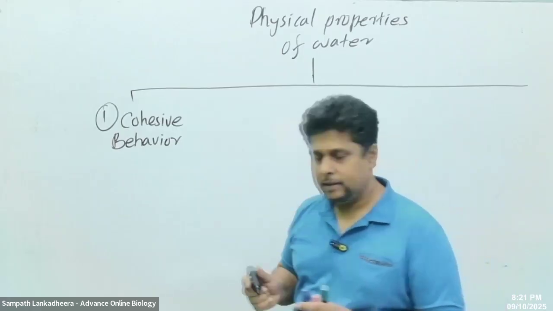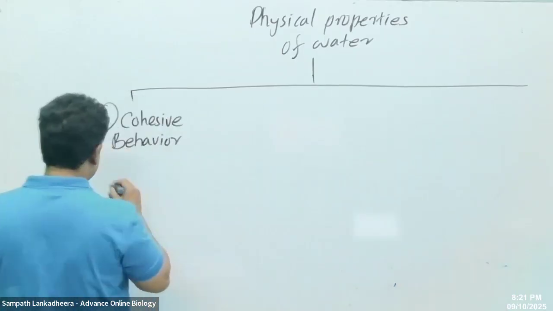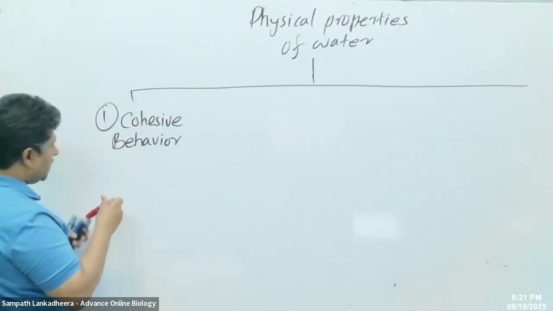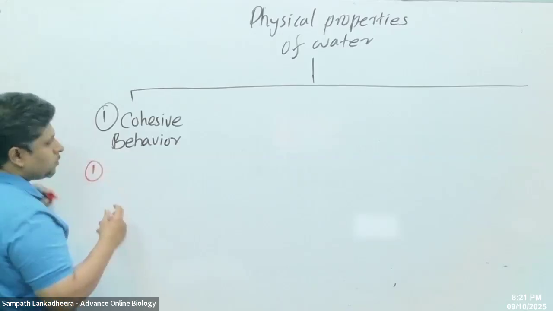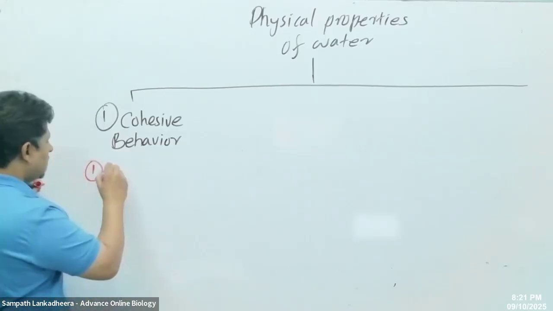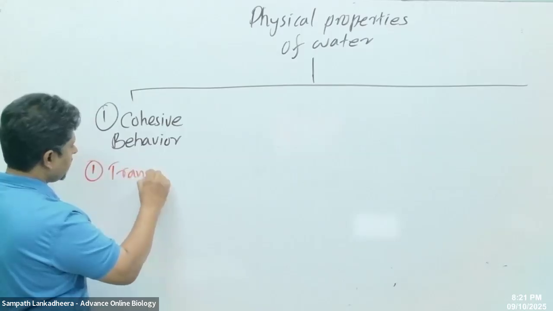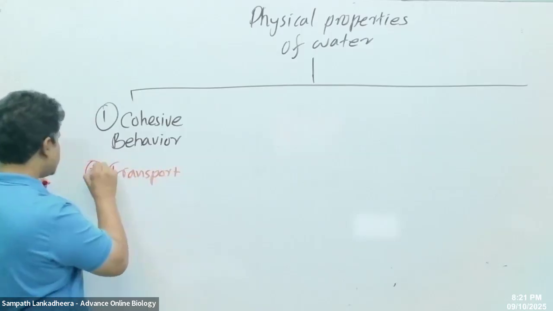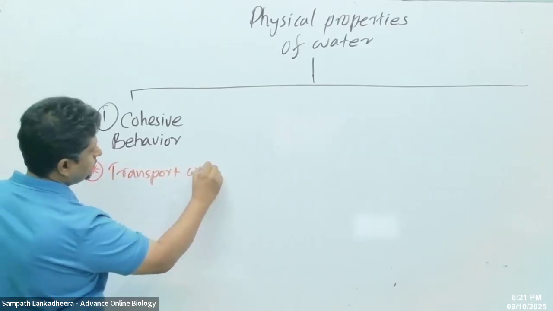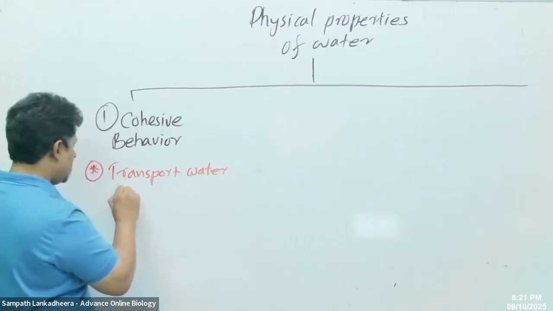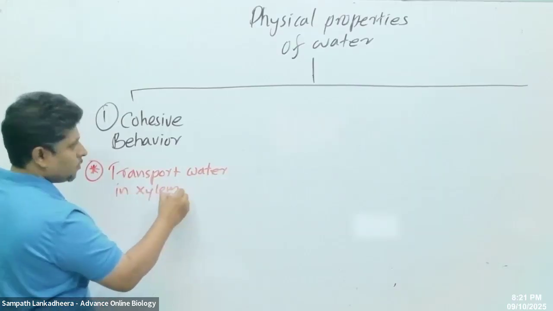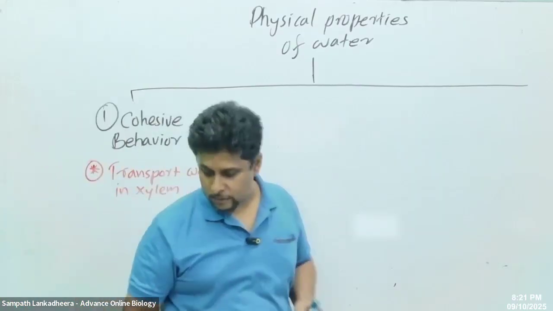Also, it maintains the surface tension. So cohesive behavior is helpful to act as a good transport medium. Water transport in the xylem depends on that.